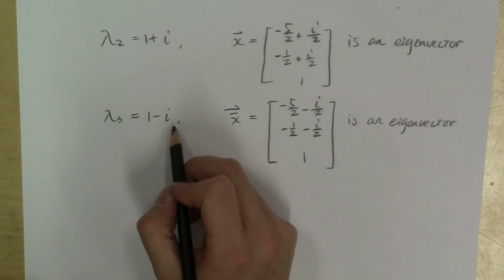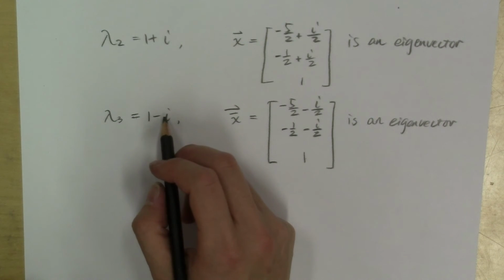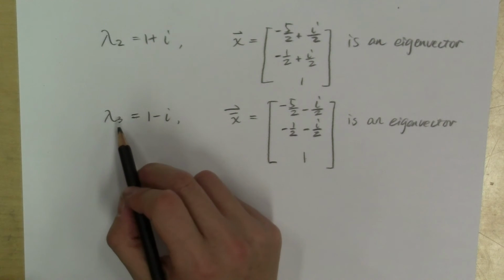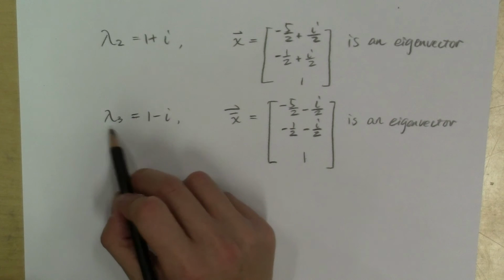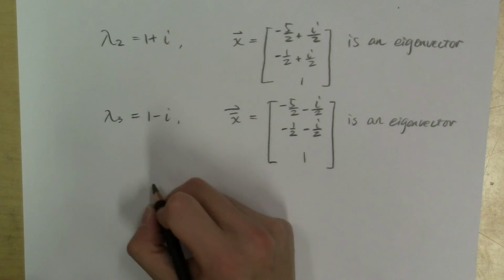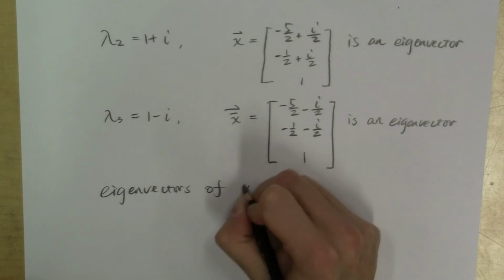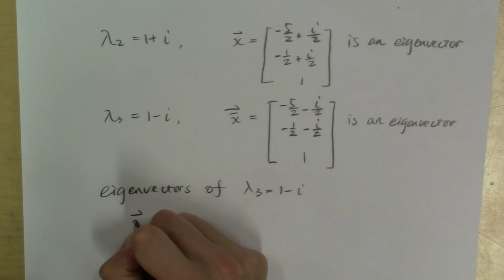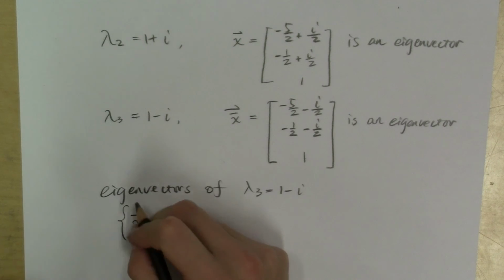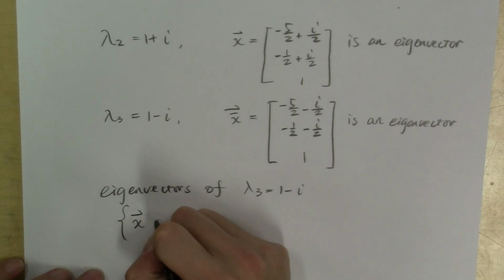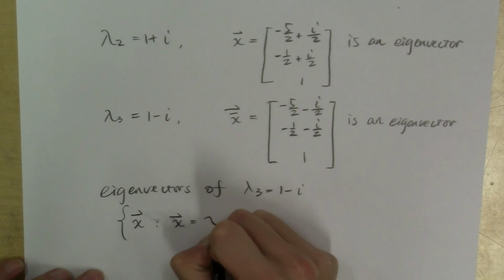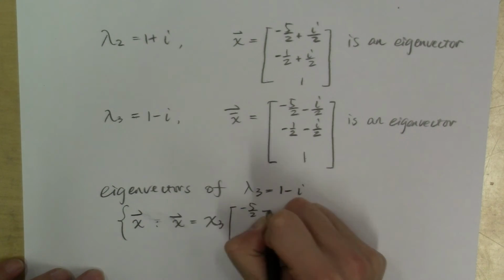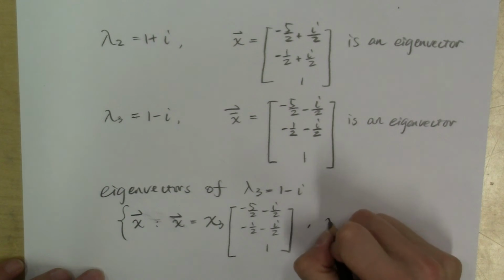And since 1 minus i is an eigenvalue of algebraic multiplicity 1, we know the geometric multiplicity of this eigenvalue is also 1. So eigenvectors of lambda sub 3 equaling 1 minus i can be written as the set of vectors x that can be written as scalar multiples of this vector that are not 0.